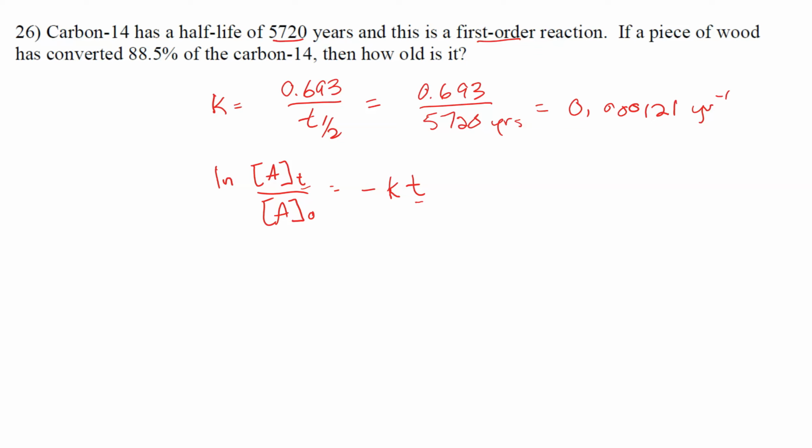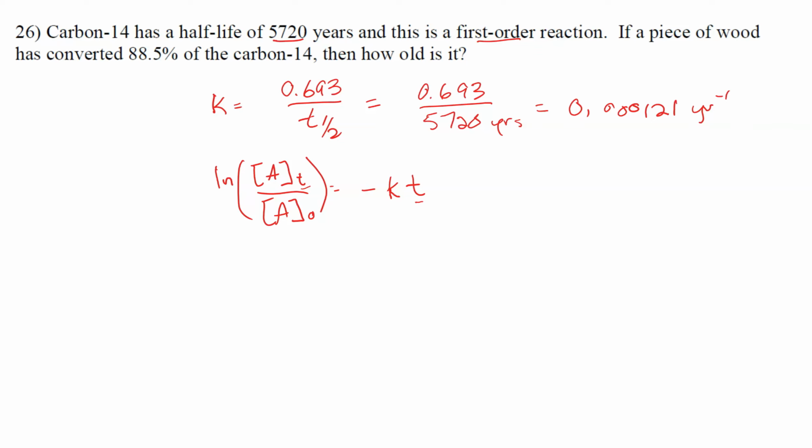This is where a lot of people go wrong, because they'll plug in 0.885 into the term that I just put in parentheses. That would be incorrect, because that is an indication of A naught over A t.